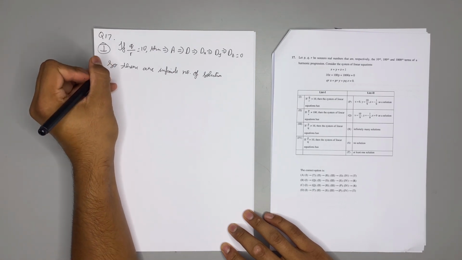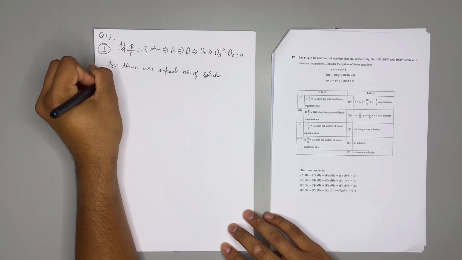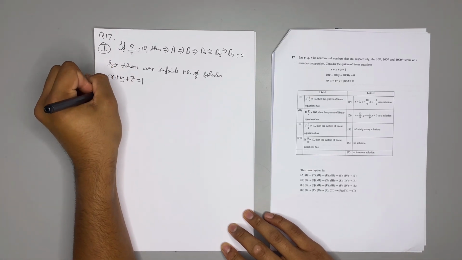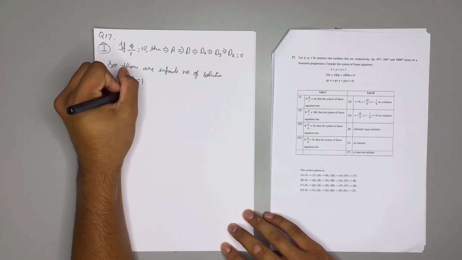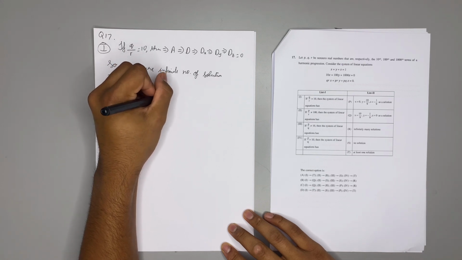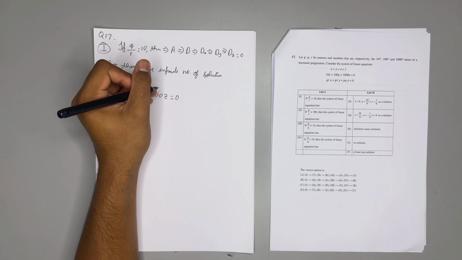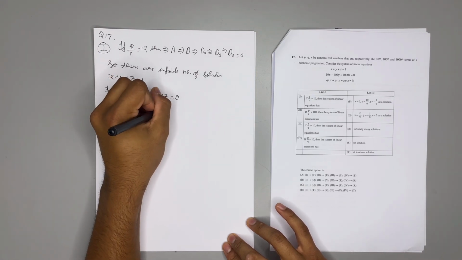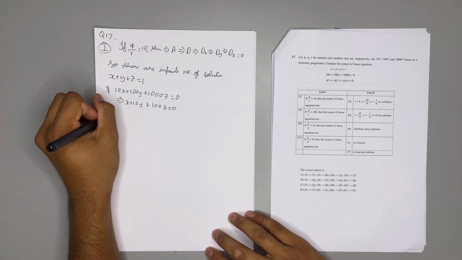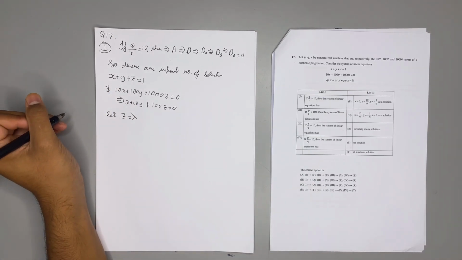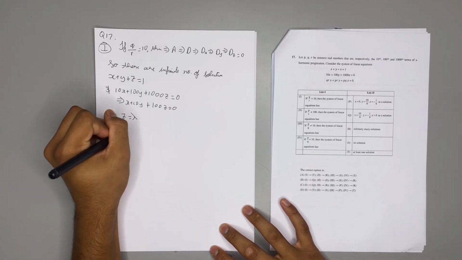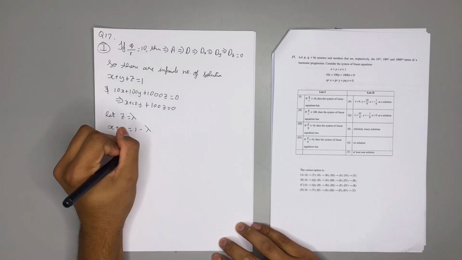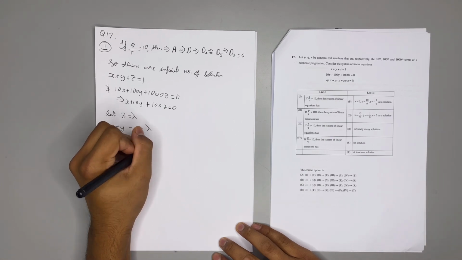We then know that x plus y plus z equals to 1. And from this over here, 10x plus 100y plus 1000z equals to 0. Coming back to this, we know that x plus 10y plus 100z equals to 0. Let z equal to a parameter lambda. X plus y equals to 1 minus lambda. X plus 10y equals to negative 100 lambda.